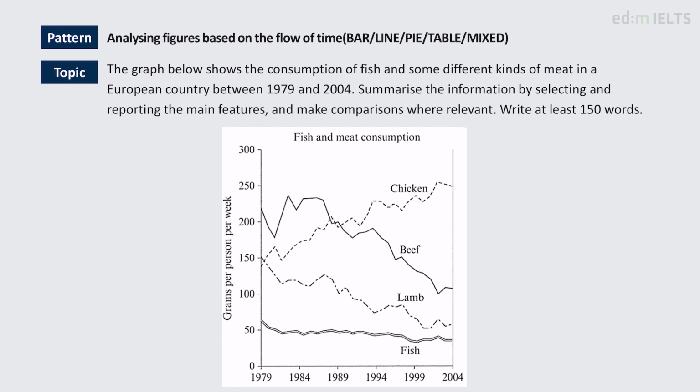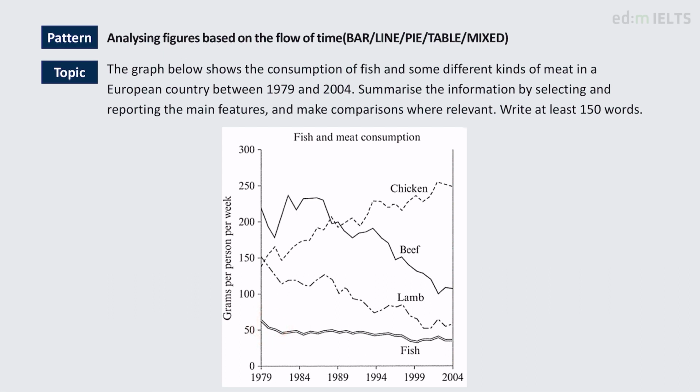So it's weekly fish and meat consumption, basically eating. So we can assume that it's the weekly average for one person per week. So it's not everyone in the country together eats an amount that comes to this.